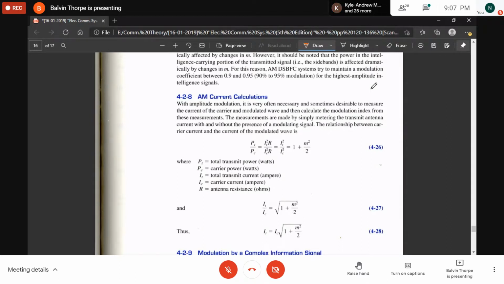Oh, I think I understand this question, sir. Hold on a minute. Basically, his question is, why would people use the double-sideband suppressed carrier versus the single sideband?